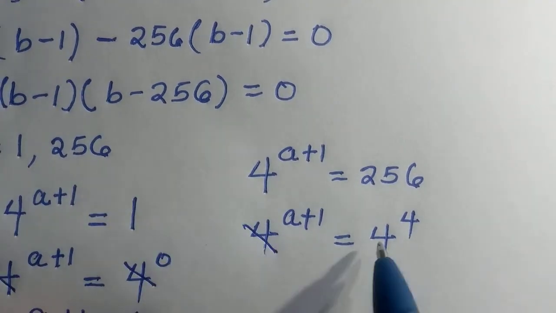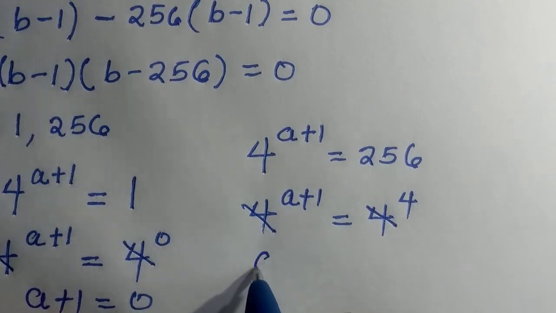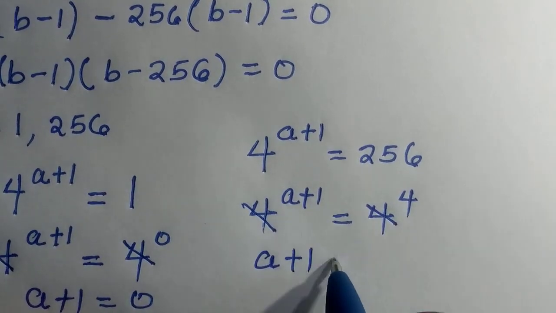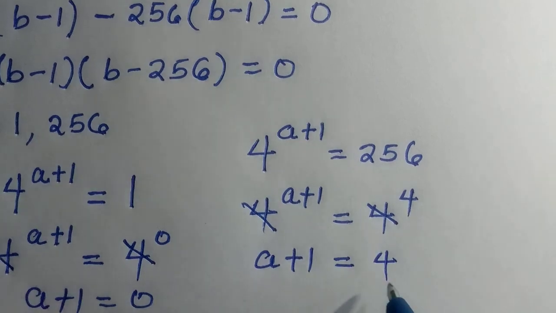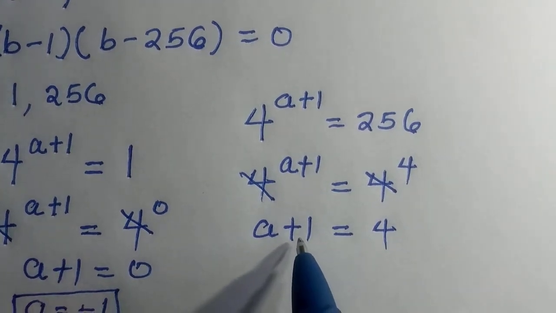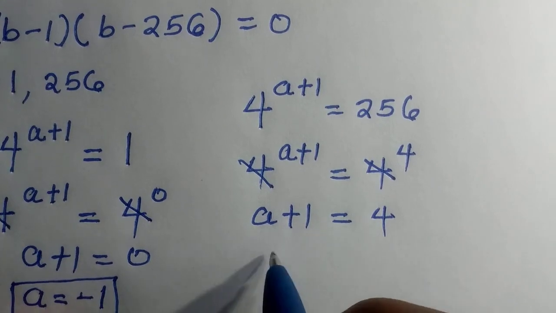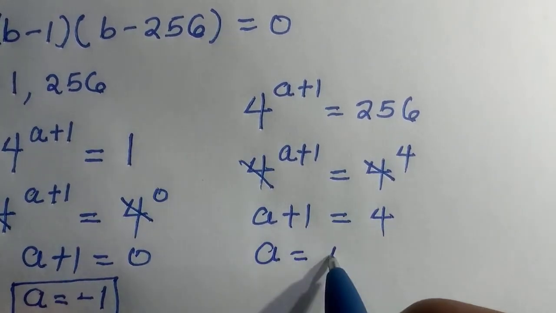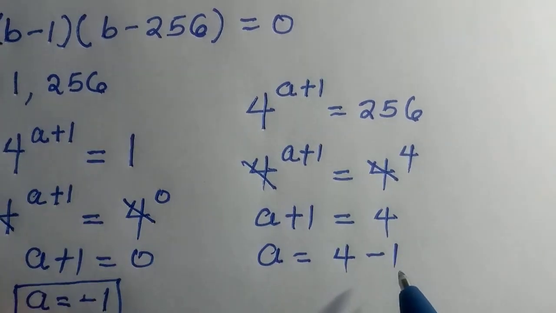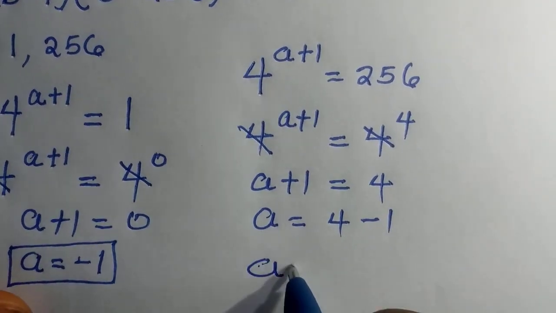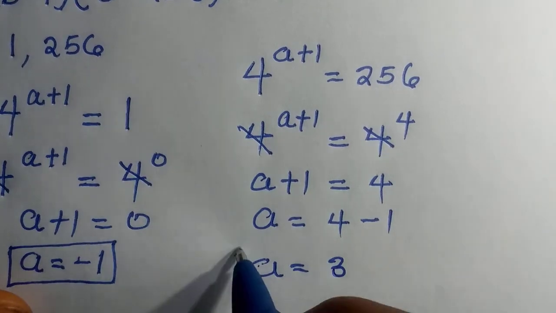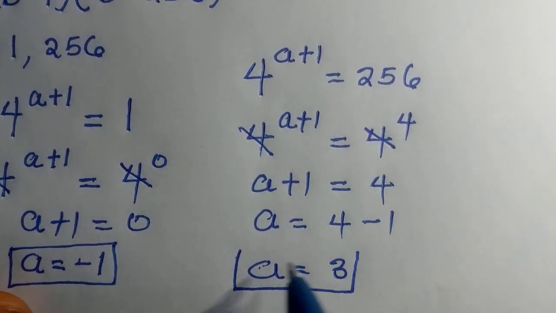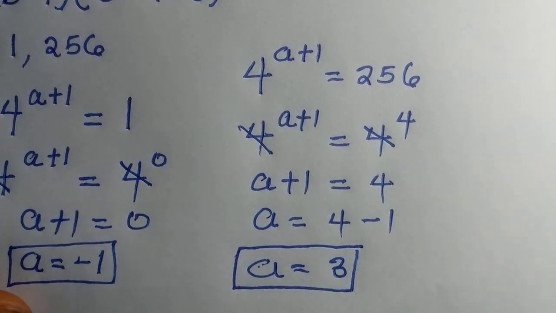So when 4 cancels 4, we have a plus 1 equals 4. When we take 1 to the right hand side, we have a equals 4 minus 1 and a equals 3, which gives the second solution to this problem.